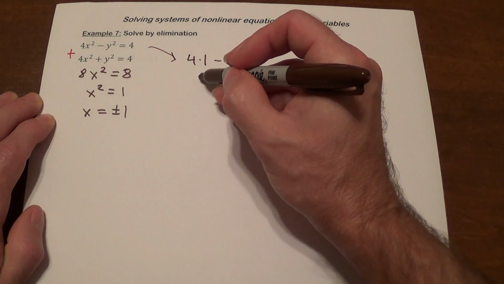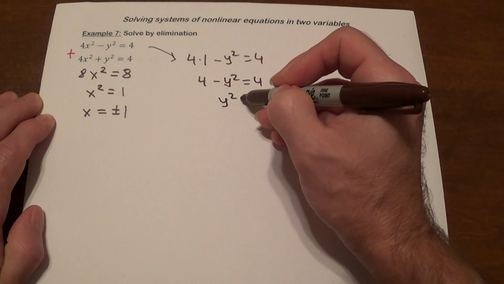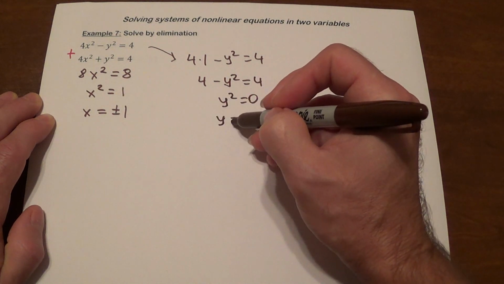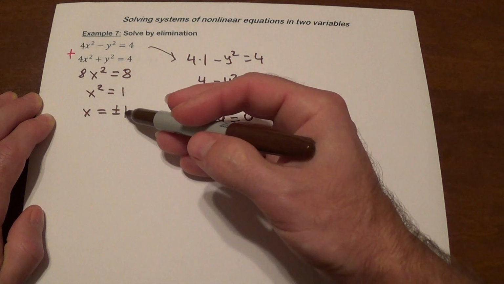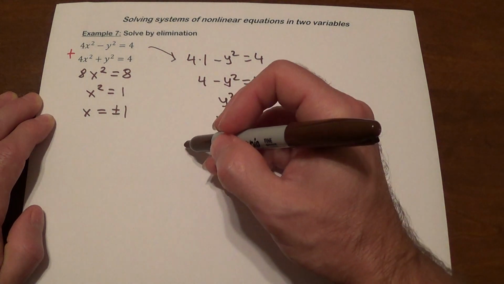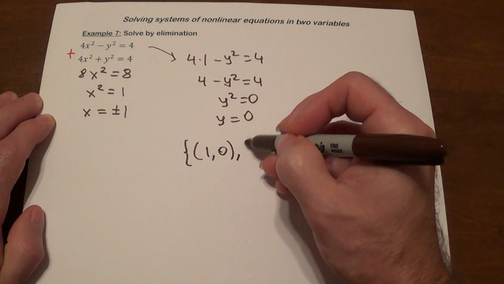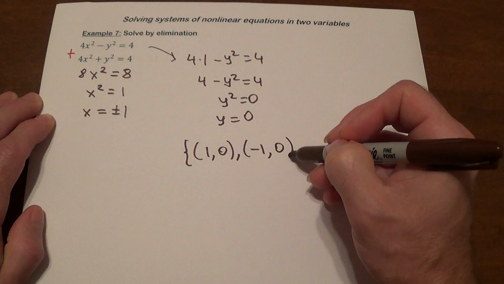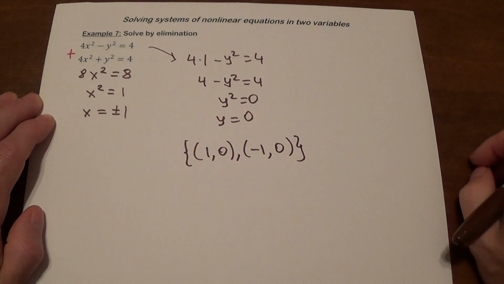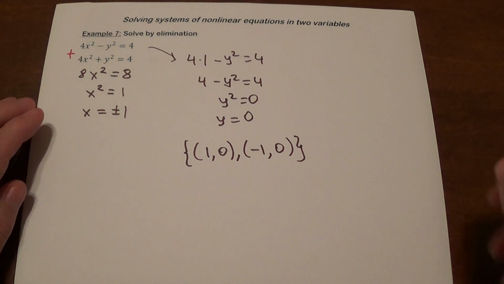So, which gives you 4 minus y squared equals 4. It means y squared equals 0, which means y equals 0. So yes, I did get two different values of x, but they both generate the same value of y. So my solutions here are going to be 1, 0, and -1, 0. Correct? So that's this problem.